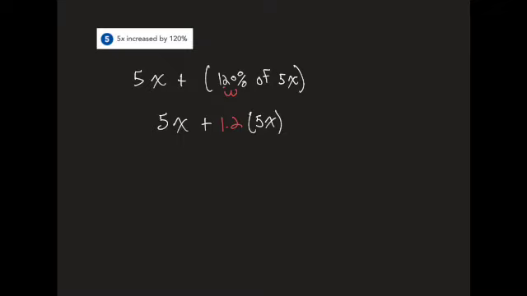And then 1.2 times 5x is going to be 6x. So we have 5x plus 6x. And then when you combine your like terms there, you get 11x as your final answer.